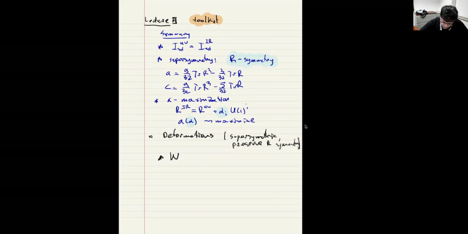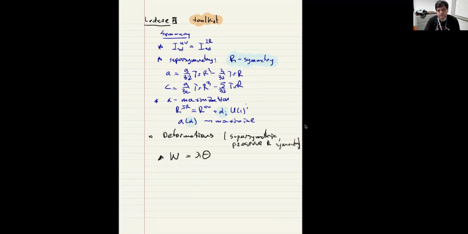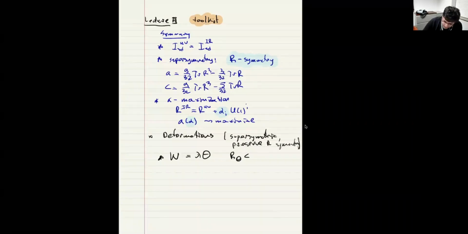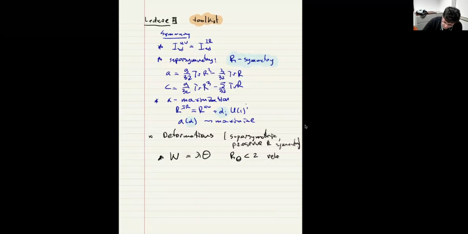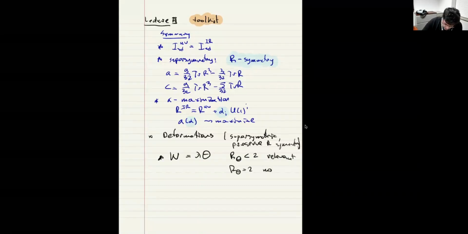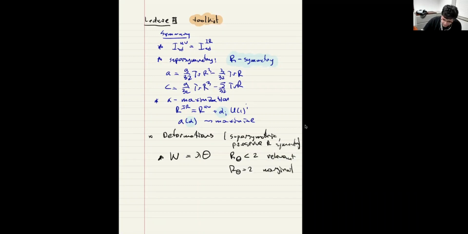One was the superpotential deformation, when we add to the action an integral over the space and half of the superspace of lambda times O, where O is some chiral operator. The properties of this deformation depend on the R charge of this chiral operator. If this R charge is smaller than 2, then the deformation is relevant. If the R charge is equal to 2, it is marginal. And if the R charge is bigger than 2, it is irrelevant.